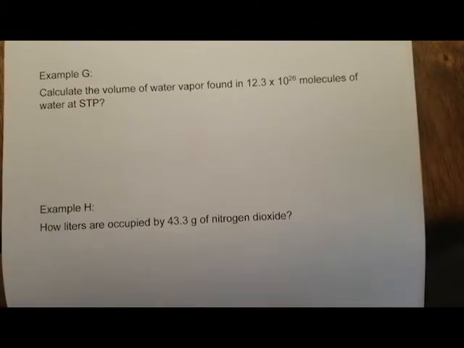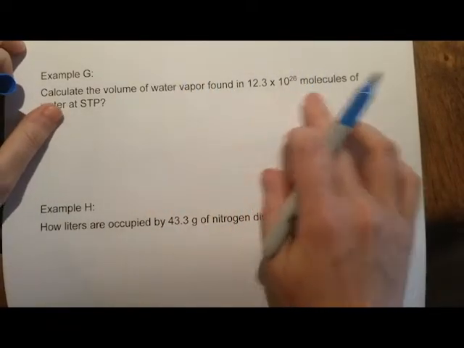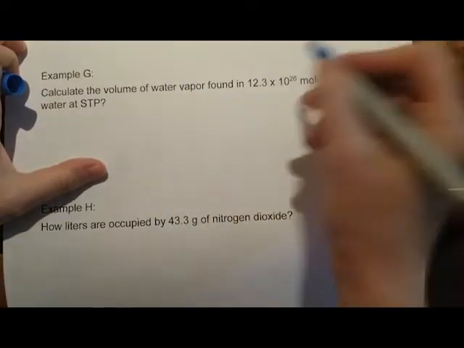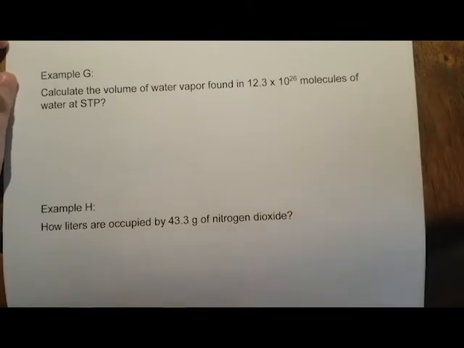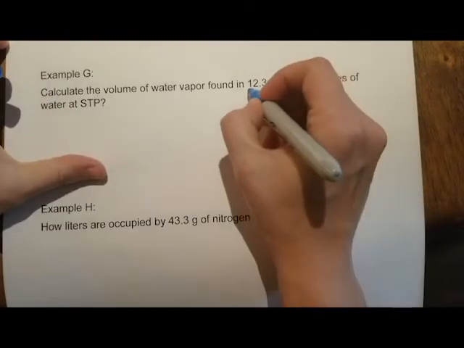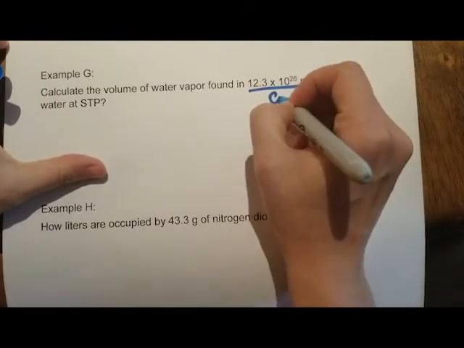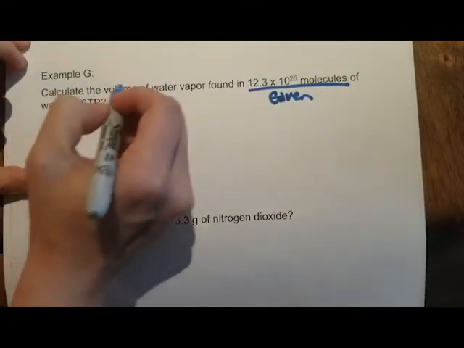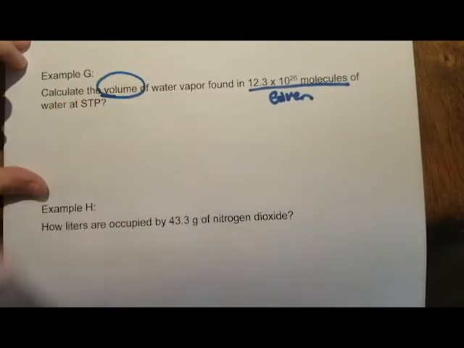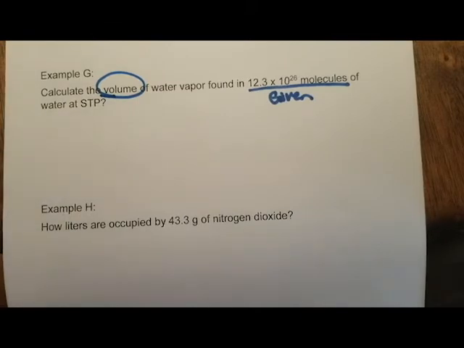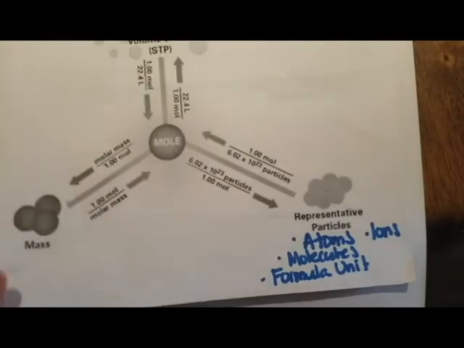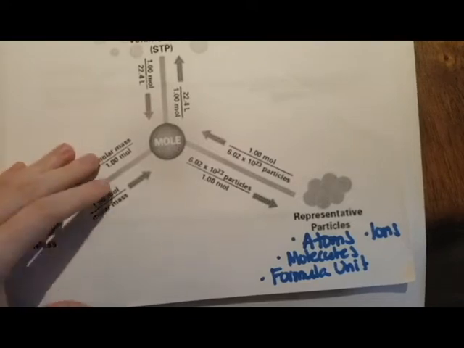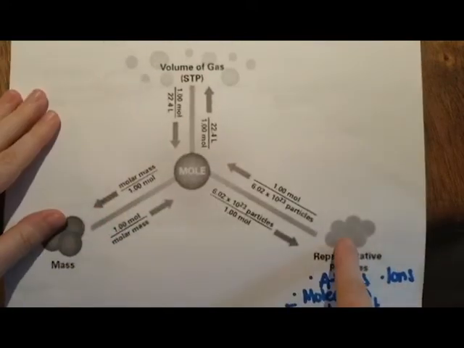Okay, so let's look at example G. Example G says calculate the volume of water vapor found in 12.3 times 10 to the 26 molecules of water. So our given right here is molecules, and our end is going to be volume. We are starting here at particles.